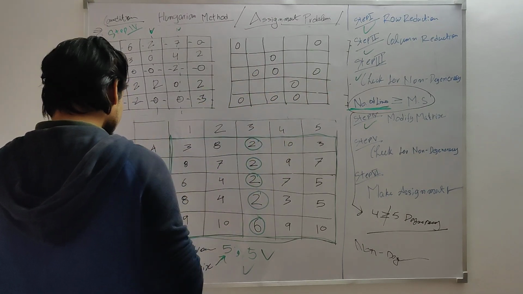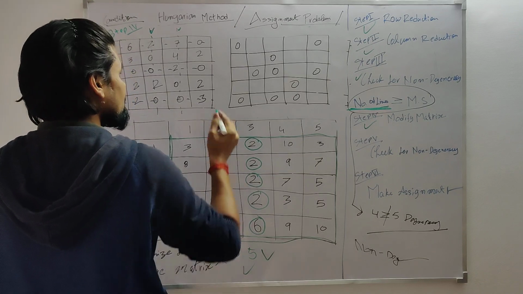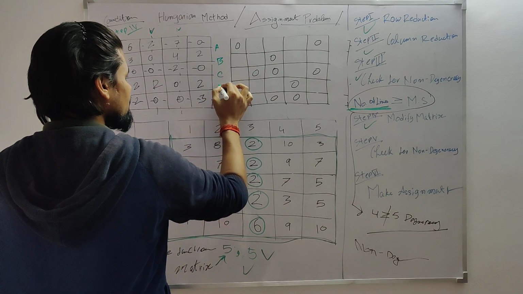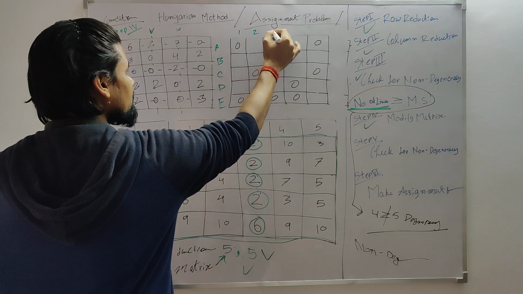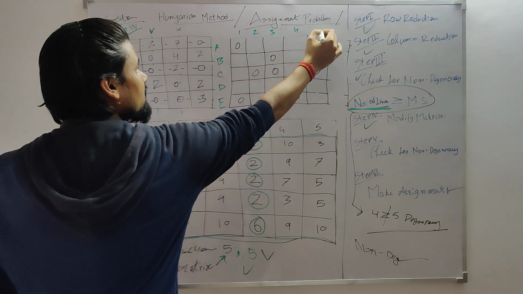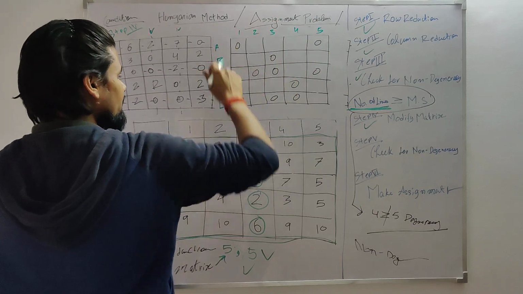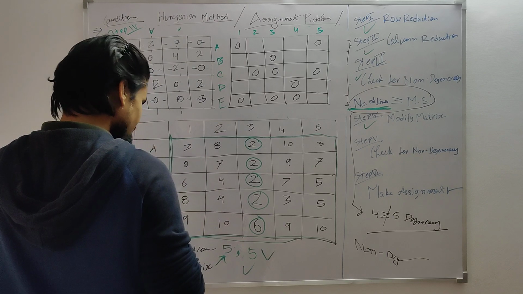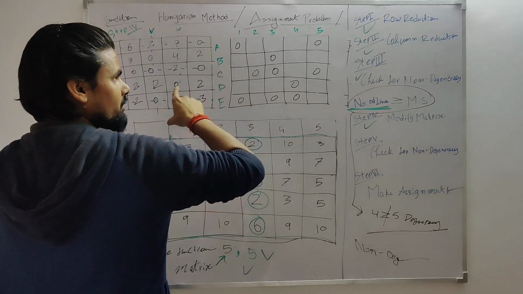So from here, this is A, B, C, D, E, and this is job number 1, 2, 3, 4, and 5. So these are the jobs and employees. What was our condition in the starting? That we have to give one job to one employee.